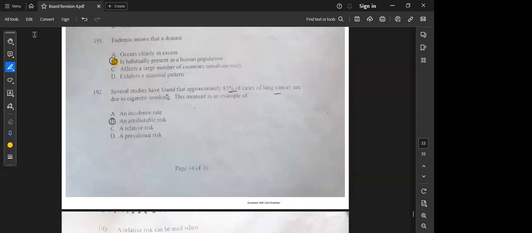Attributable risk is the difference between the incidence risk rate in exposed and non-exposed groups.